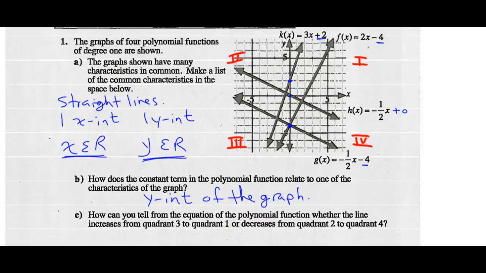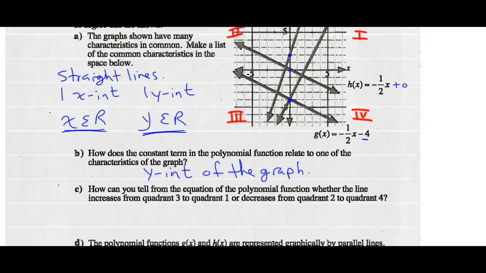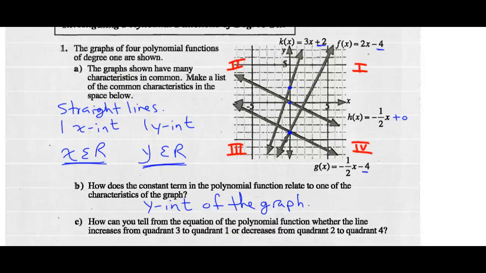If I look at the coefficients in front, both k of x and f of x increase from quadrant 3 to quadrant 1. Look at their coefficients, 3 and 2. How does that compare to the graphs of h of x and g of x, which both decrease from quadrant 2 to quadrant 4? They have coefficients of negative a half and negative a half.